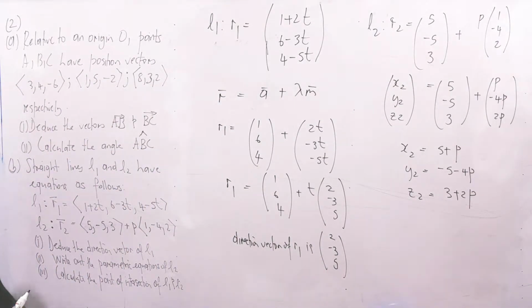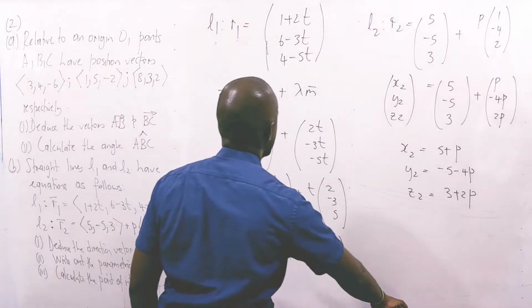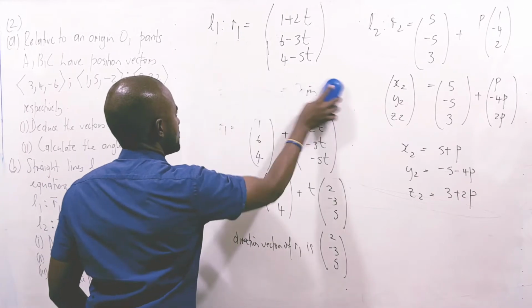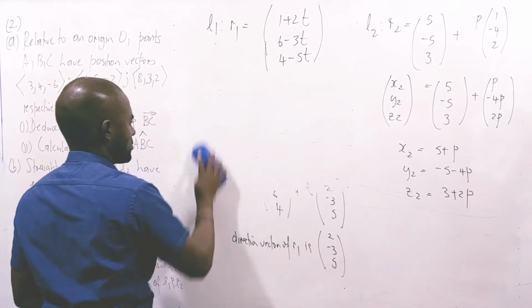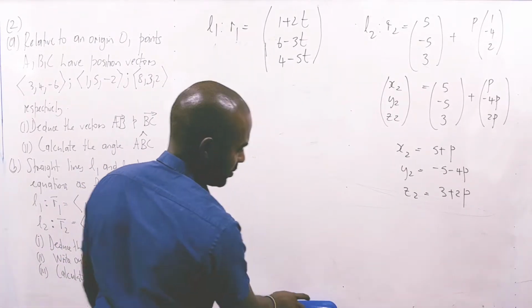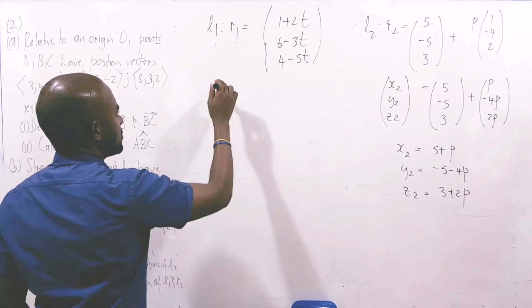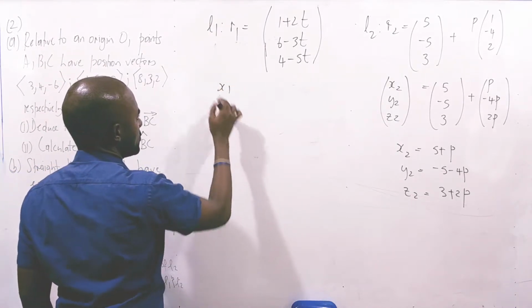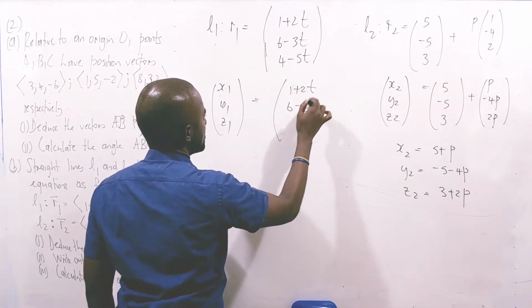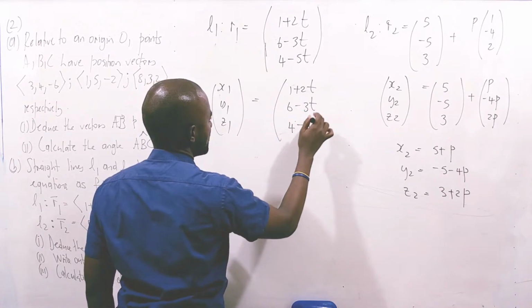So we found the parametric equations for line L2, and we've also found the direction vector of L1. Now we need to find the point of intersection of L1 and L2. To do this, we'll also need to write the parametric equations of line L1. If we let R1 be x1, y1 and z1, then this gives us 1 plus 2t, 6 minus 3t, 4 minus 5t.